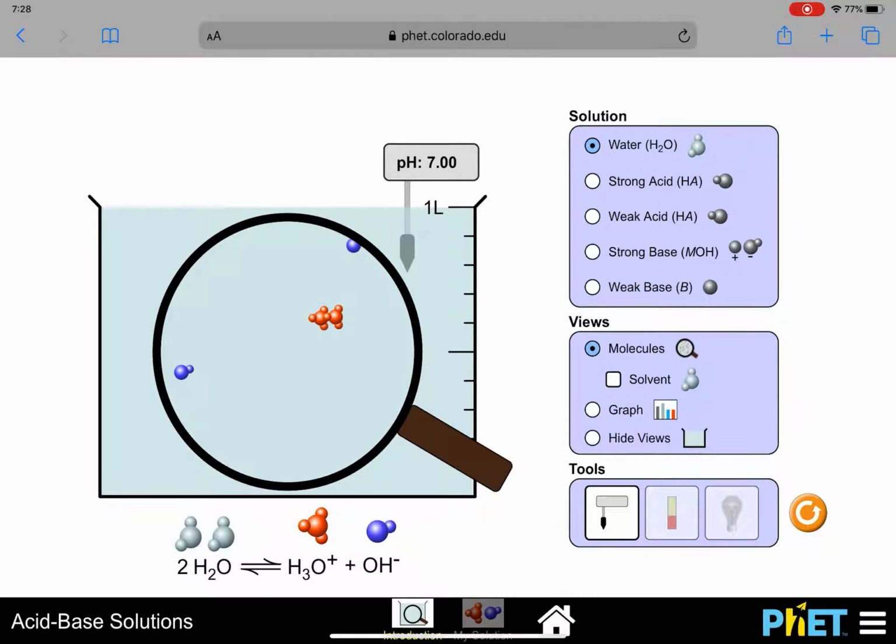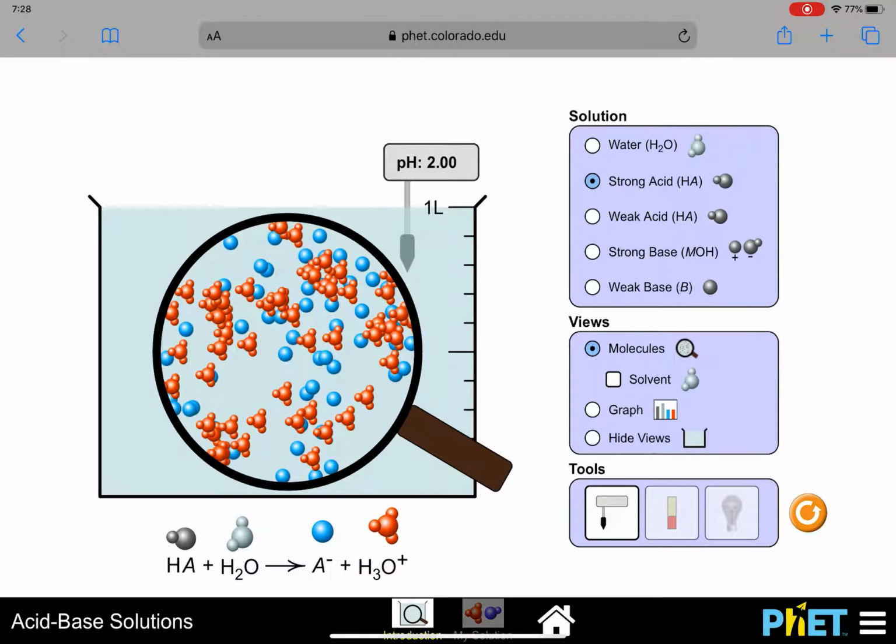It will tell you the pH of the solution. Water is neutral, so it should be a pH of 7. If we go to strong acid, we can see that number goes really far down, because strong acids are closer to 1 and 2. That's a really acidic solution. So again, you just move that up and down.